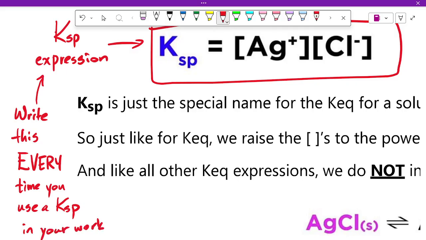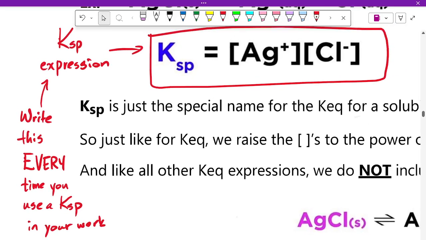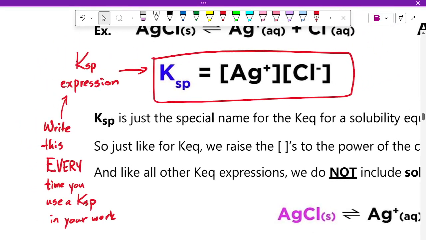So anytime you use a Ksp in your work, you should be writing the Ksp expression, just like Kas. Anytime you used a Ka, you would write the Ka expression. Ksp is just the special name for the Keq, for solubility equilibria.